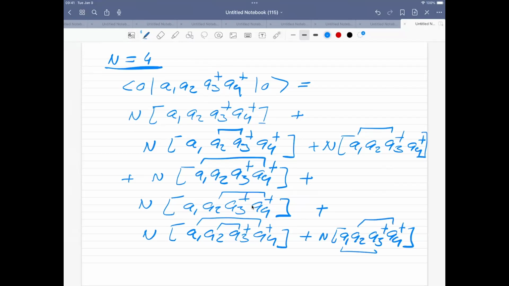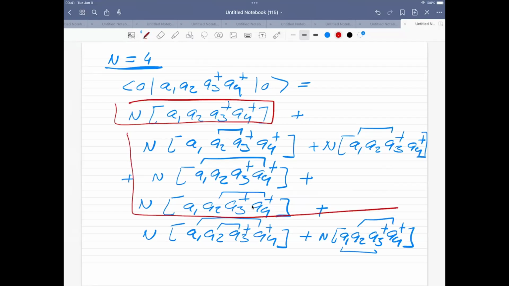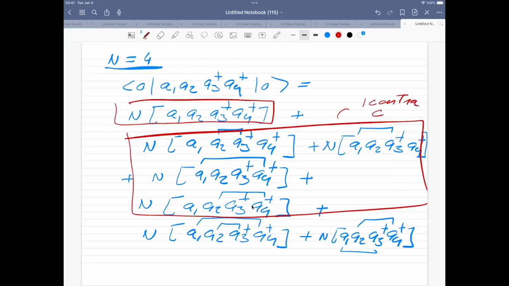So what we have here, the first terms, this one is just a normal order product, which we discussed earlier. And then we have these terms here, which now contain just one contraction. And since we have two pairs of creation and annihilation operators, we can have two contractions here.